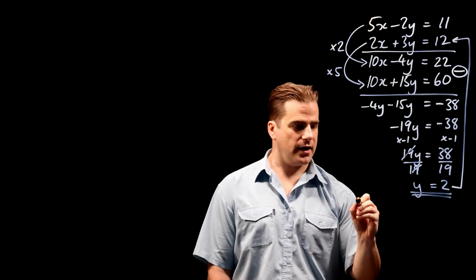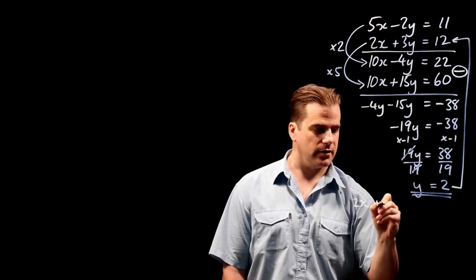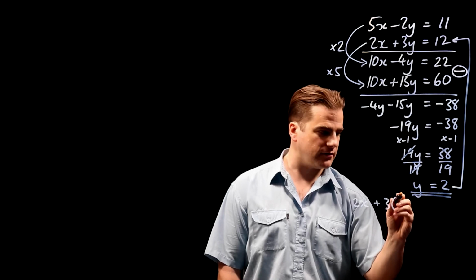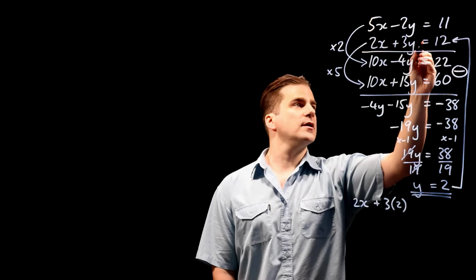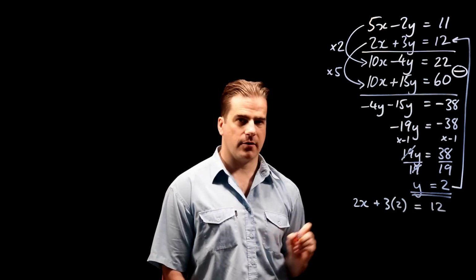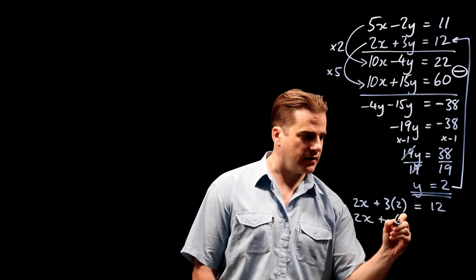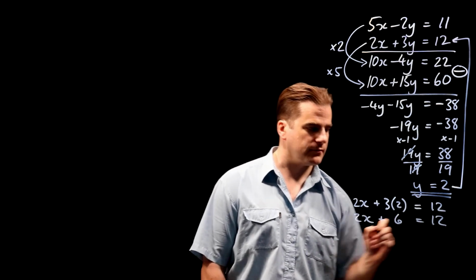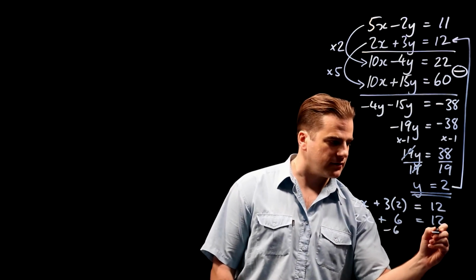So we get 2x plus 3y. Always use brackets when subbing in. Plus 3 brackets y, y is 2, equals 12. Multiply out the bracket. 2x plus 6 equals 12. Take the 6 over there by subtracting 6.